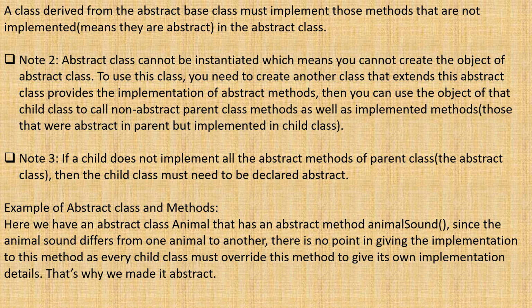Example of abstract class and methods. Here we have an abstract class Animal that has an abstract method animalSound. Since the animal sound differs from one animal to another, there is no point in giving the implementation to this method, as every child class must override this method to give its own implementation details. That's why we made it abstract.